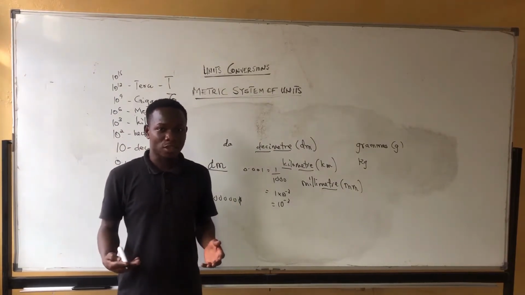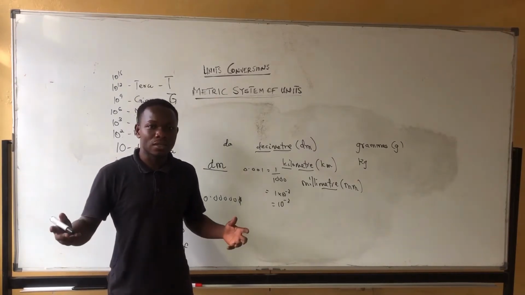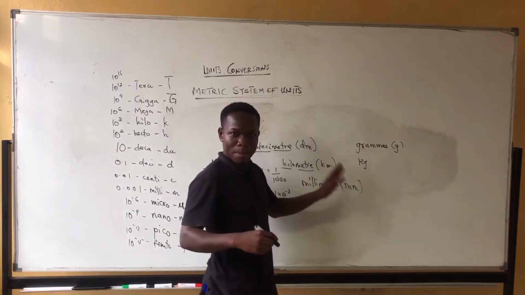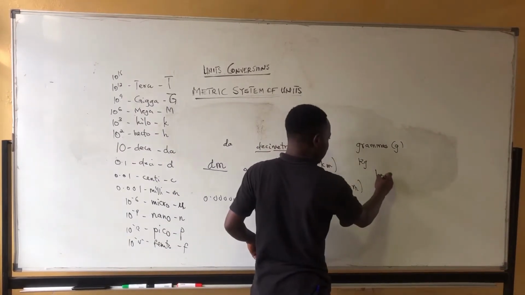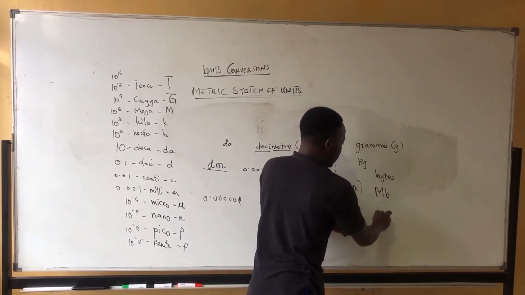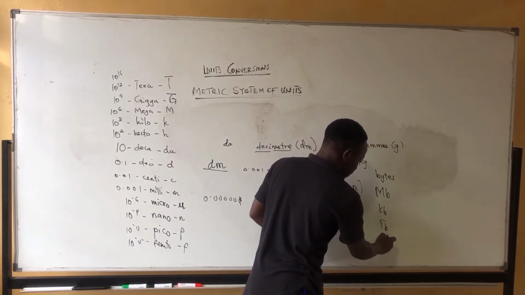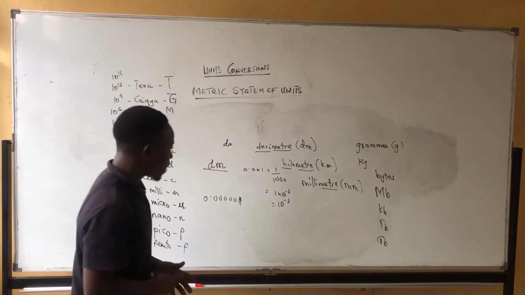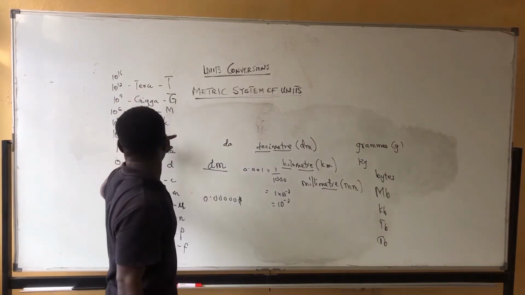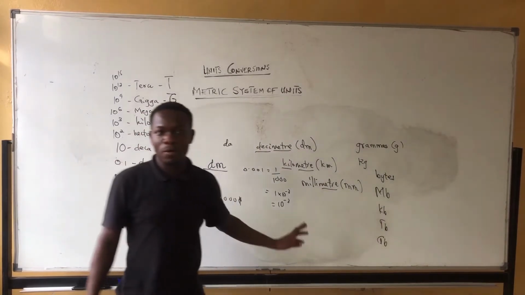You've heard of kilobyte, megabyte, gigabyte, terabyte. If you pay attention, you realize that the main word, the base unit, is the byte, and then we have the megabyte, the kilobyte, the terabyte, and as big as the gigabyte. You realize that you are just adding prefixes, mega here, giga here, to the main unit, which is byte.